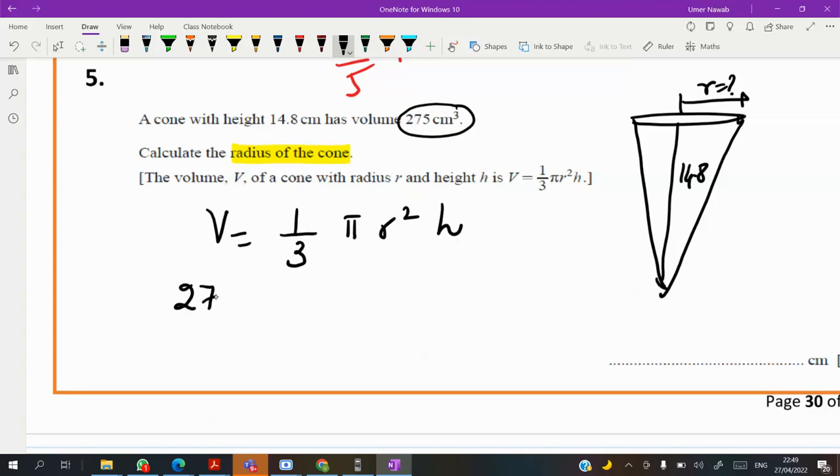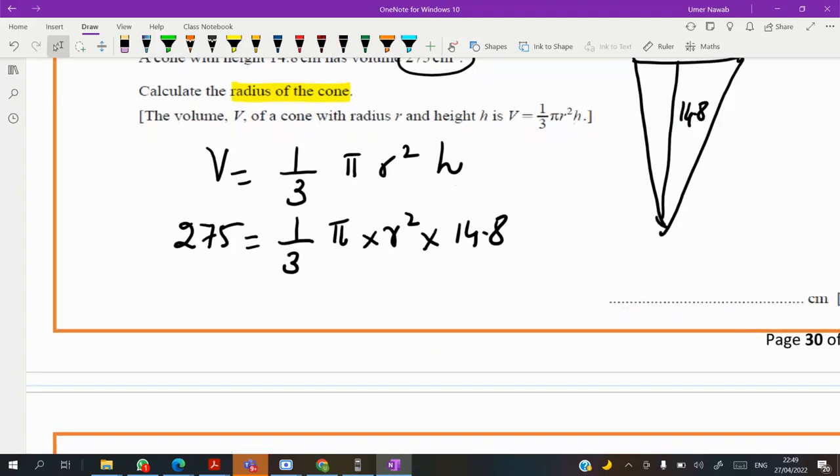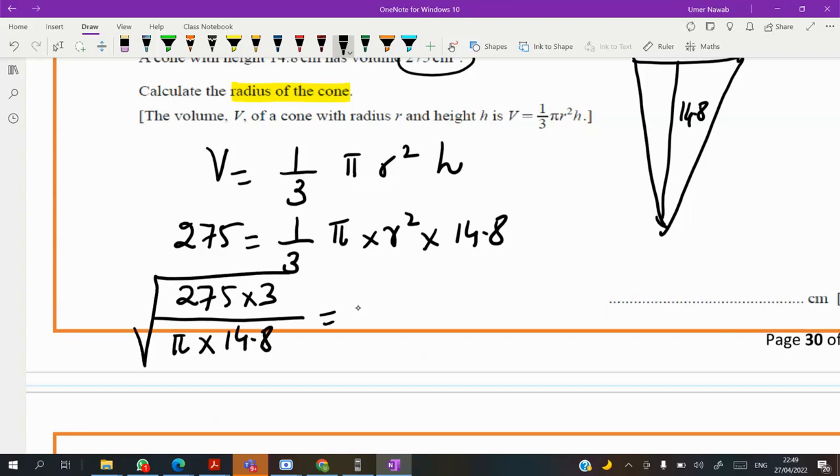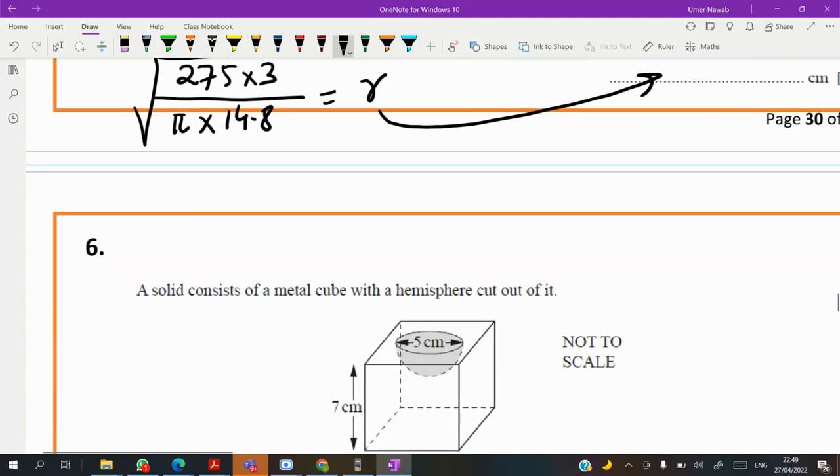Volume is 275 equals 1 over 3 pi, the radius squared, we want it, and the height is 14.8. Send everything to the right-hand side. This 3 is in the denominator, so I'm going to write times 3, divided by pi, divided by 14.8, and then take the square root. That will be the radius.